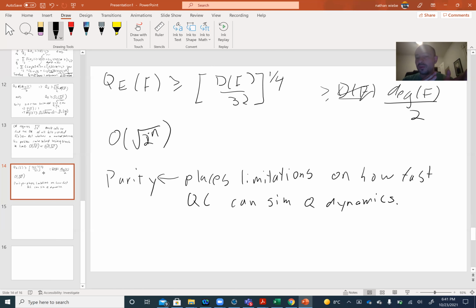Often polynomial is the best that you can do. And something you should always think about when you're designing a quantum algorithm is to ask yourself, can I provide a lower bound on my algorithm by reducing it to some problem like parity or search, computing the OR function?